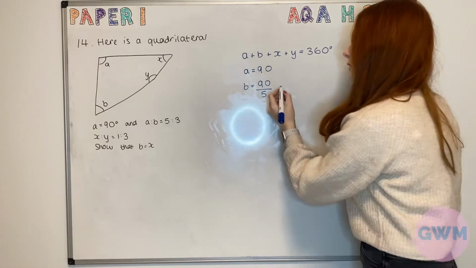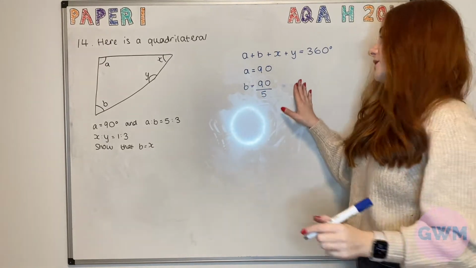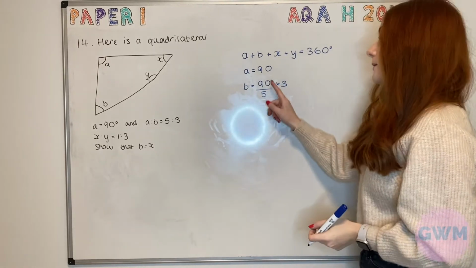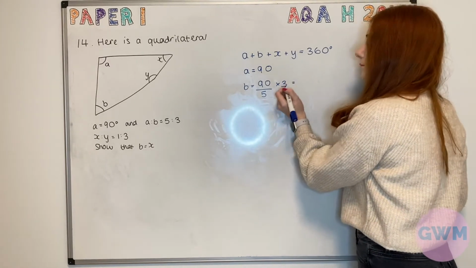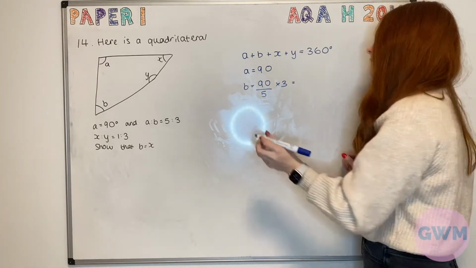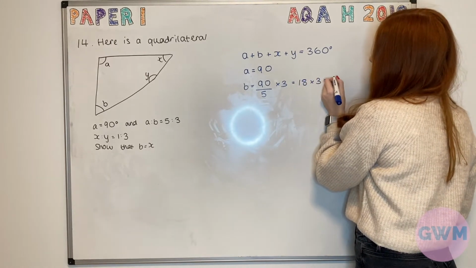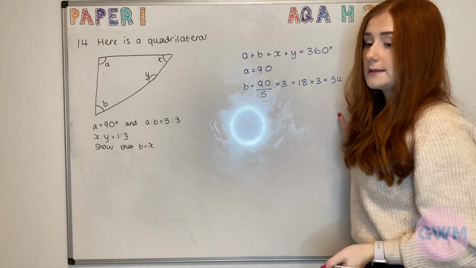So we know 90 divided by 5 is 1 portion of this ratio, and B has 3 portions of this ratio. So we work out what 1 is and then we times it by 3, that gives our ratio. So 90 divided by 5, 18. 18 times 3, 54. So B is 54 degrees.